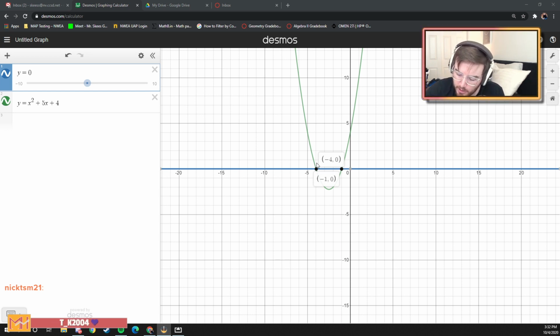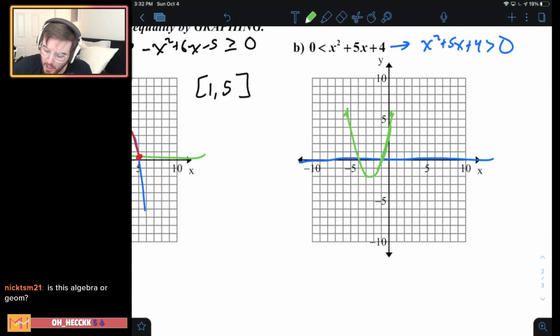So I'm going to just do the roughest of sketches again. So here's my sketch that I made. I'm not actually including -4 or -1. I'm simply starting there and going up.